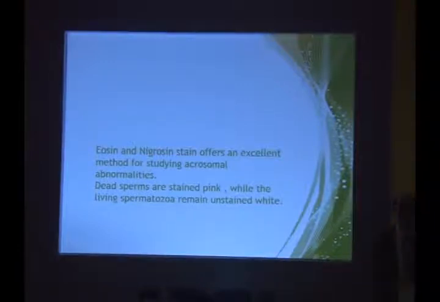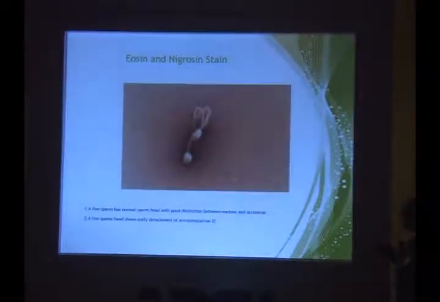Very easy, 1% eosin, 10% nigrosin. Just mix it, allow it to remain for 5 minutes, put a cover slip and examine under the microscope. These are unstained sperms, so they remain white. That means they have not picked up the dye, and this is a supravital stain. So these are viable live spermatozoa. Okay?